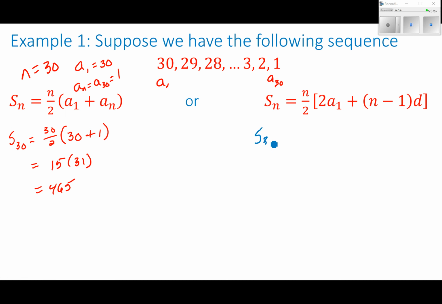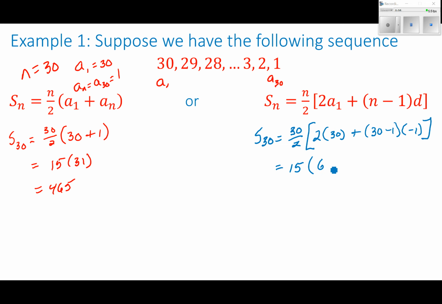So again, S sub 30 is going to be equal to 30 divided by 2 times 2 times a sub 1, which was 30, plus 30 minus 1 times my common difference, which is negative 1. This gets me my 15 again.